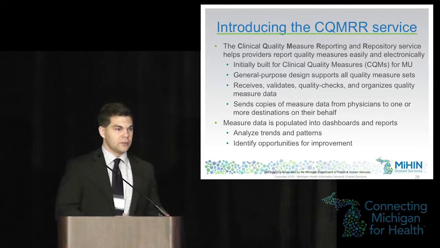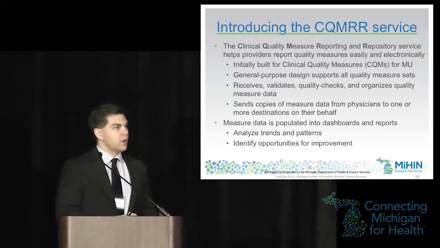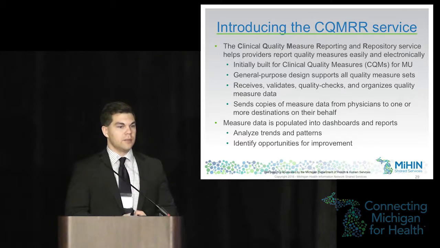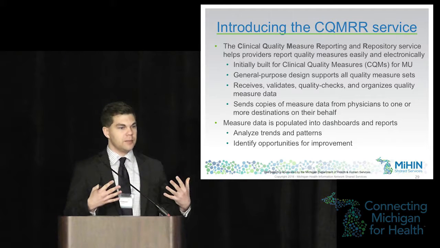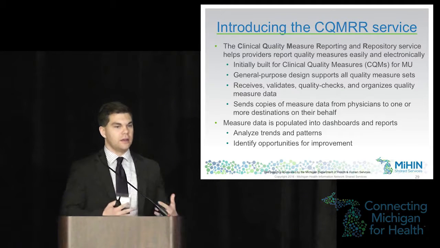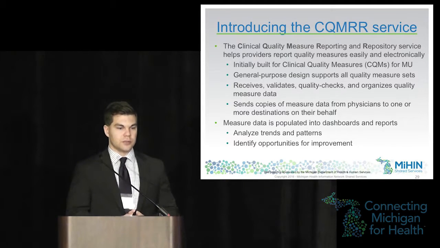So how are we doing that? We're starting with the base infrastructure of the skimmer service. Initially, state Medicaid, Michigan Medicaid, asked us to help them provide one location where the providers in Michigan in the Medicaid Meaningful Use Incentive Program could submit their measures, get them validated, see feedback about how they're doing, and then eventually submit to the state data warehouse to receive their credit for meaningful use.